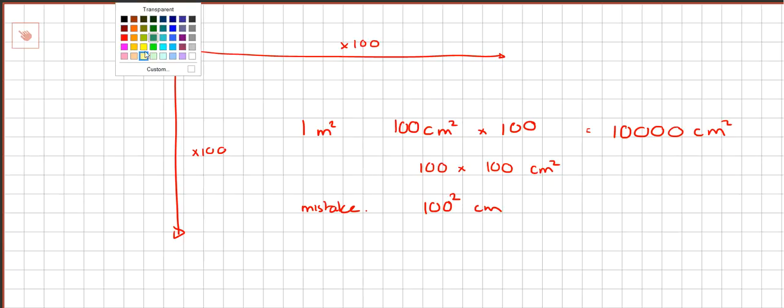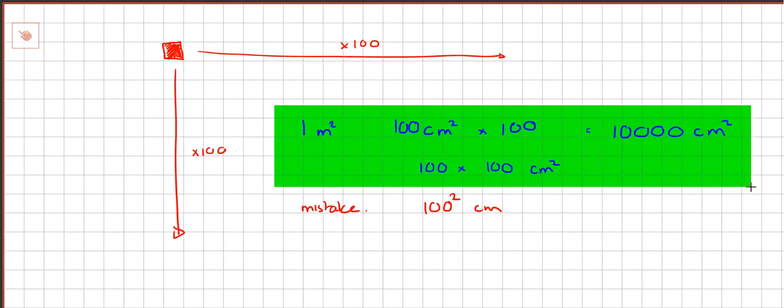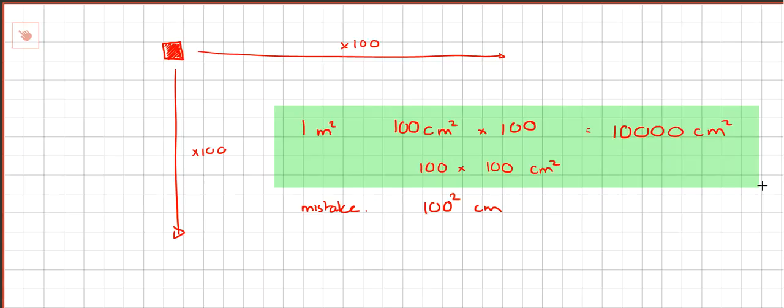So we know full well, let me choose the right colour, that we are doing this bit, isn't it? Right? So we've got 100 lots of 100 square centimetres. So the first bit here, 100 square centimetres, is all of these.